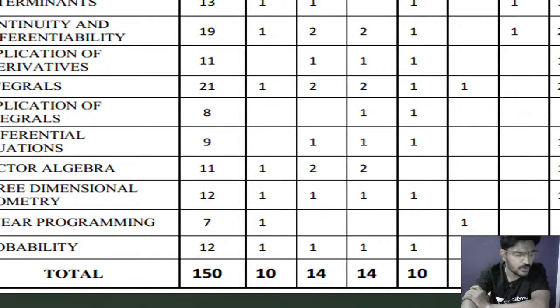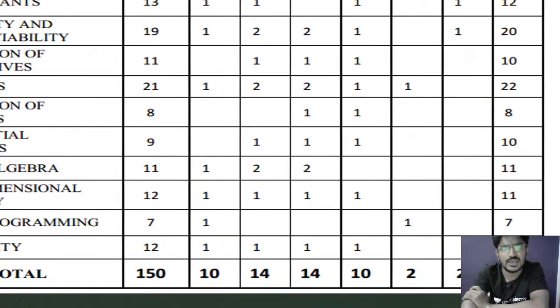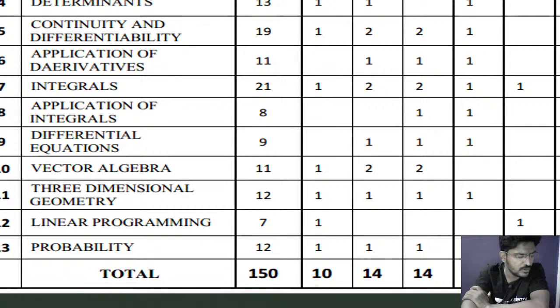And coming to linear programming, as you all know, unbounded problems will not be there. Only bounded problems will be there, so concentrate on that. There will be a 6 mark question and a 1 mark question, which will be from the definition.